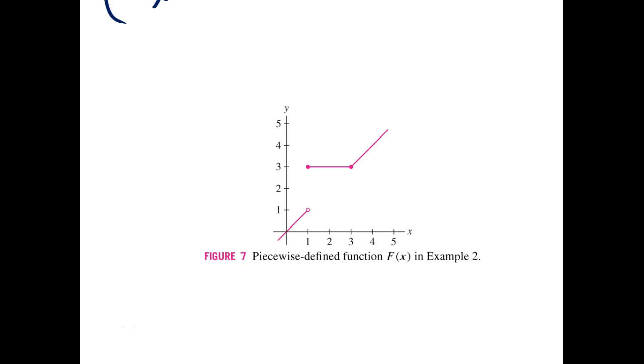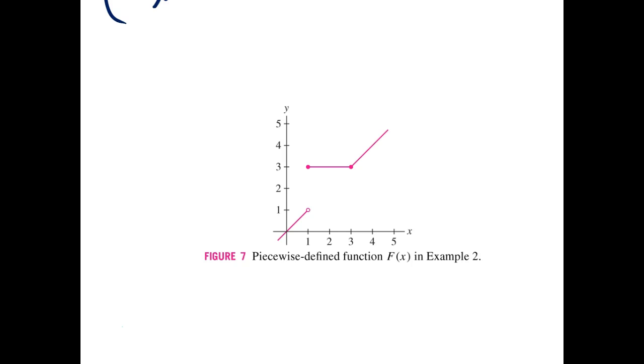Even though it wasn't defined for that, it's still continuous there because by the previous one it was defined there, and it's right continuous. So this is continuous from 1, including 1, all the way to positive infinity. Now, it's not a smooth function, but it is a continuous function. There's no gaps.